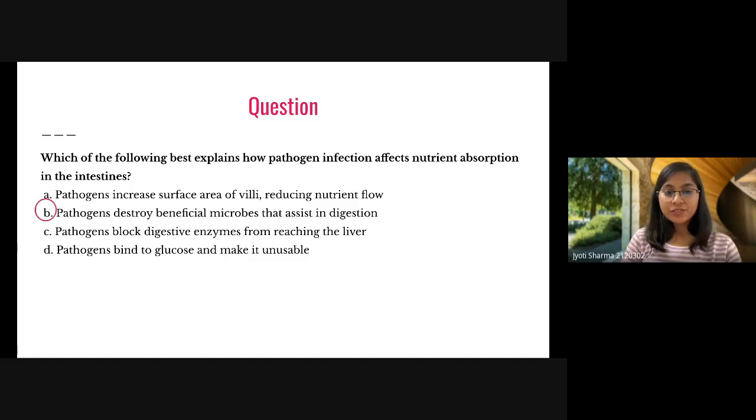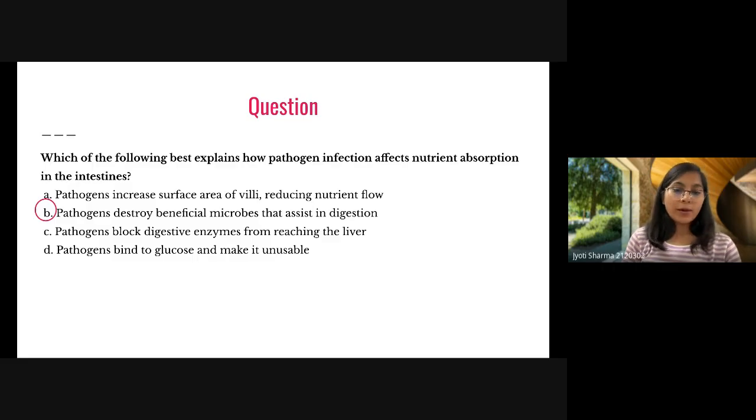Very simple explanation: because pathogens destroy beneficial microbes that assist in digestion. As I told you, whenever we have a pathogen infection, we have to take the antibiotic, and that antibiotic will kill the beneficial microbes. This pathogen will also compete with the beneficial microbes, and these beneficial microbes get killed in that competition, because these infective bacteria are very opportunistic in nature.